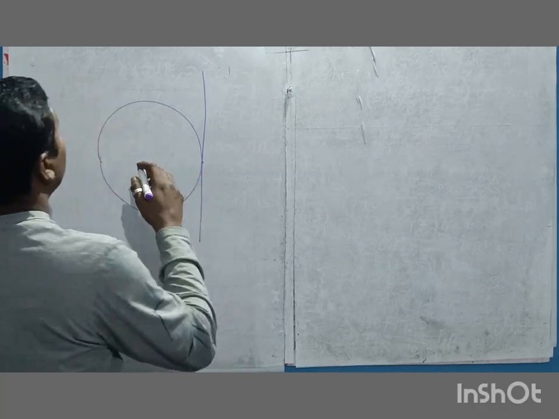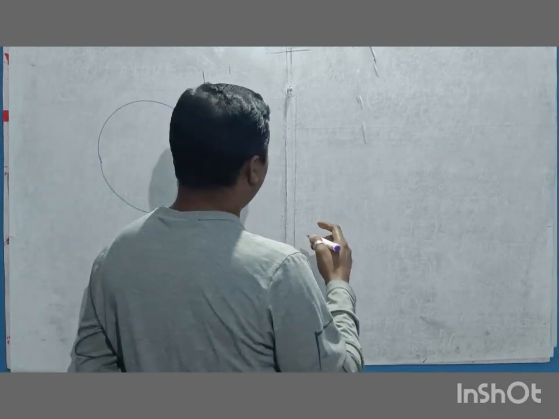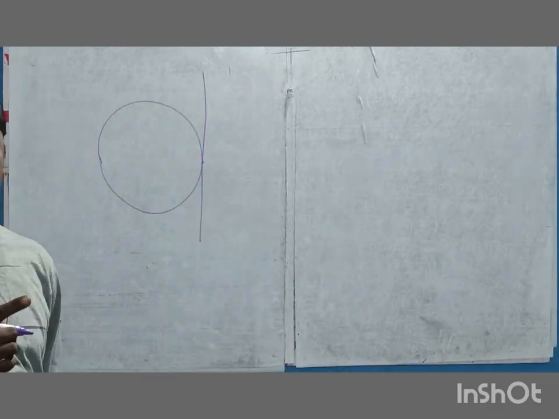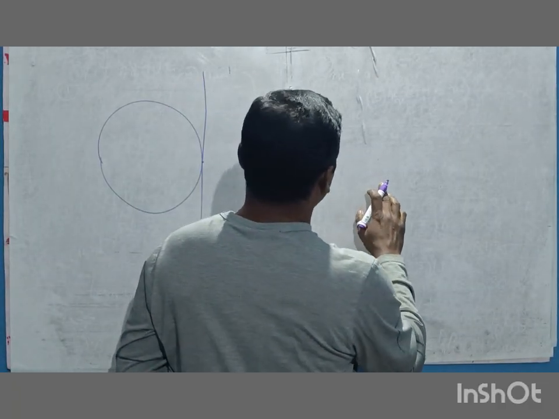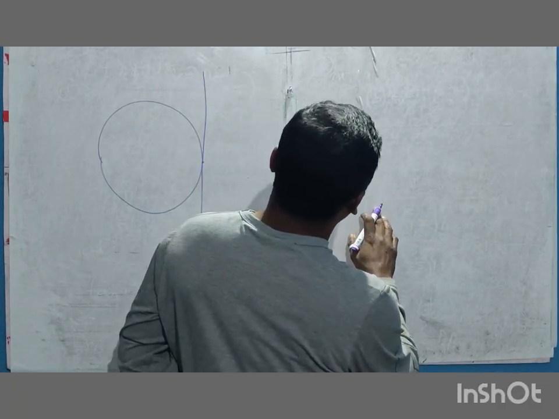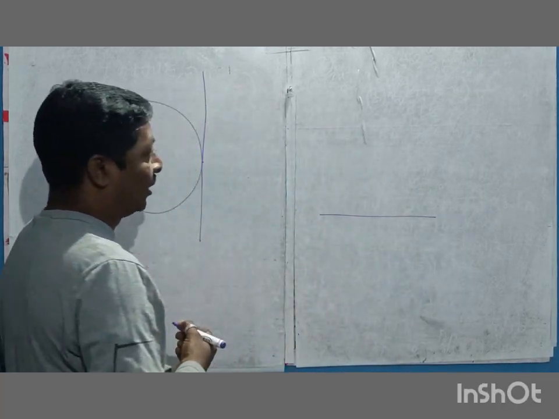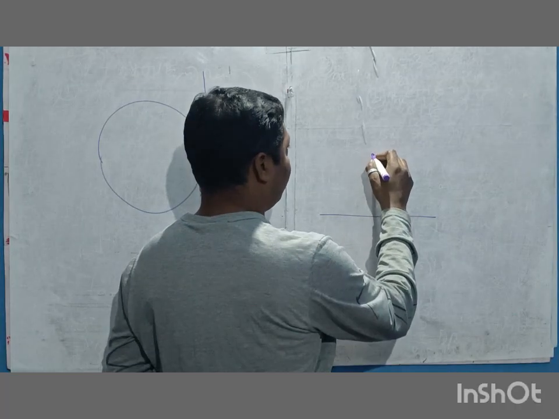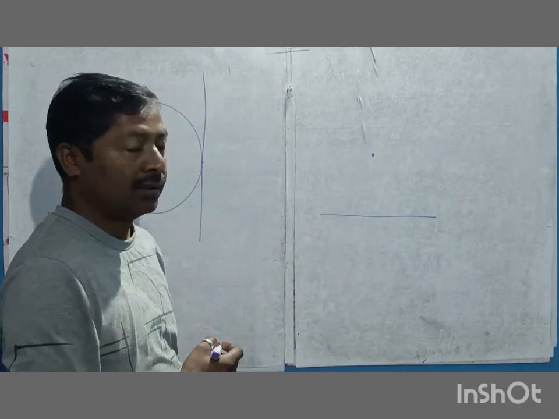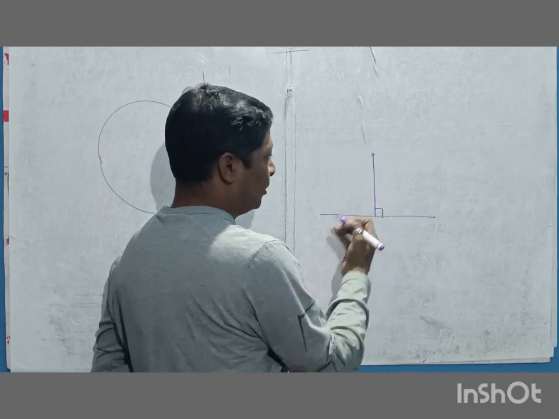So, do you know another thing? Before we prove theorem 10.1, you must know the idea that, for a line segment, the shortest distance from an exterior point is the perpendicular distance.